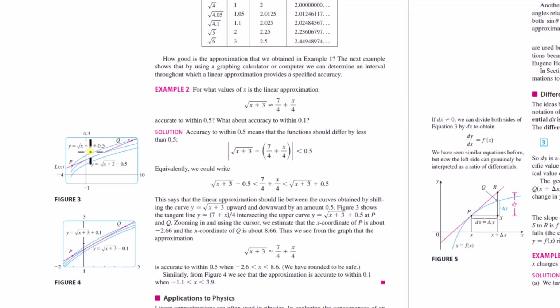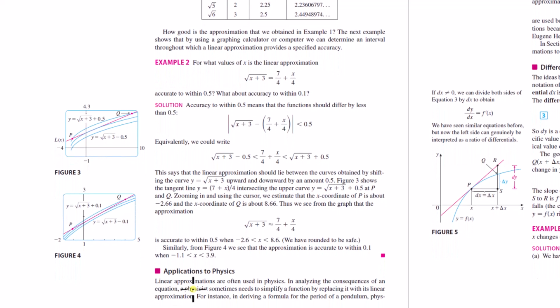It extends, so it intersects the shifted up curve at point Q, and it also intersects the shifted curve at point P here. So it's those x values, the x value of point P and the x value of point Q. And that's what they show here. When x is between minus 2.6 and 8.6, the linear approximation is within 0.5. And then they do the same thing for within 0.1, and they get minus 1.1 to 3.9.